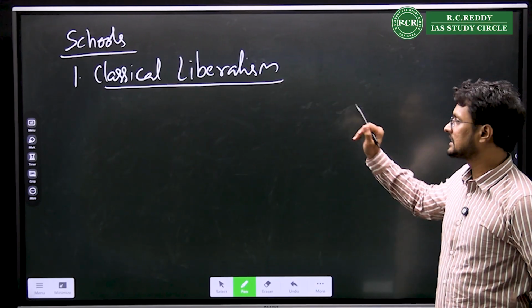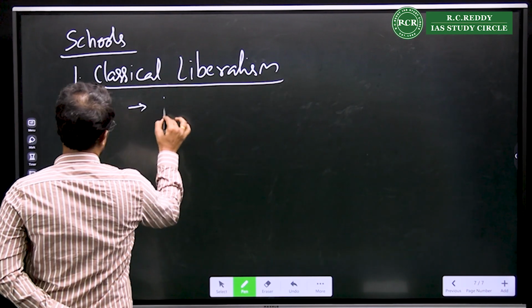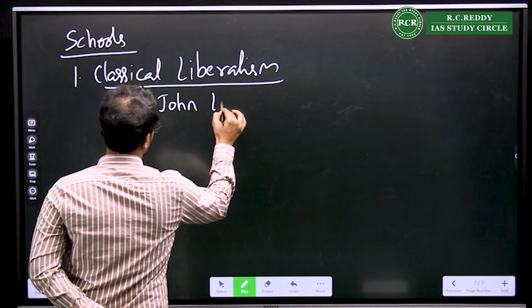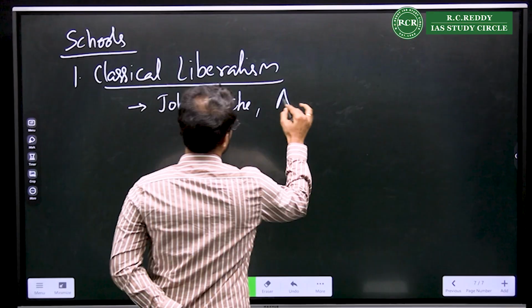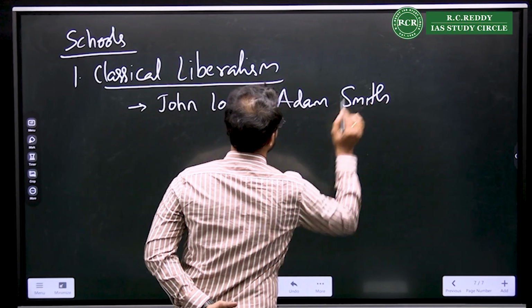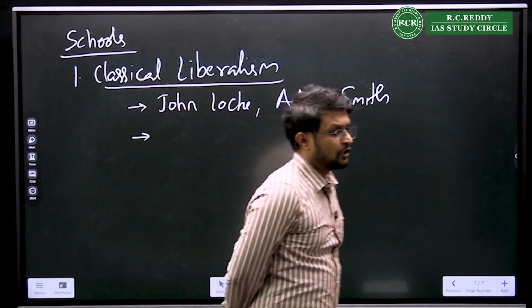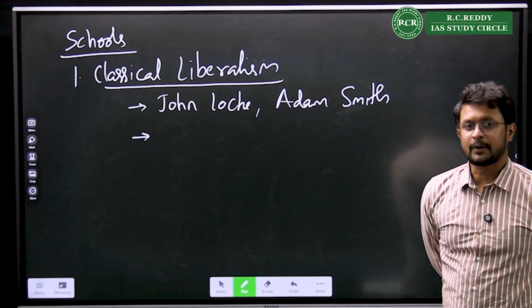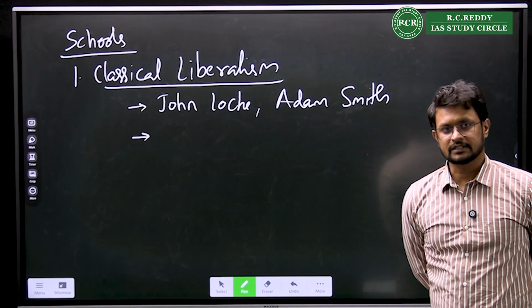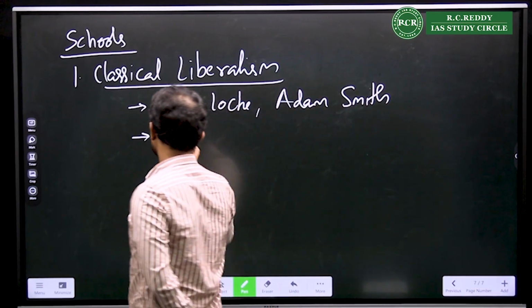With respect to classical liberalism, we know that scholars like John Locke and Adam Smith propagated this concept, and they say that protection of rights is a primary duty of the state. Locke says protection of rights is a primary duty of the state.